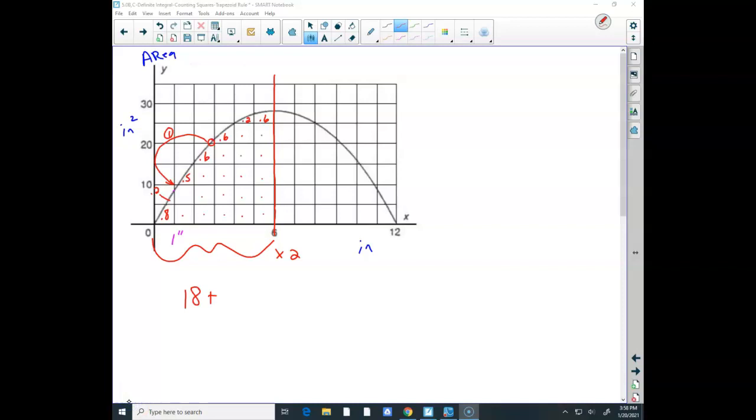Okay, so I came through here, and another strategy for counting your squares that I like to do sometimes is, you see this little niblet right here that's underneath the curve, if I took this little niblet and placed it down inside there, that's going to make this square a full square.